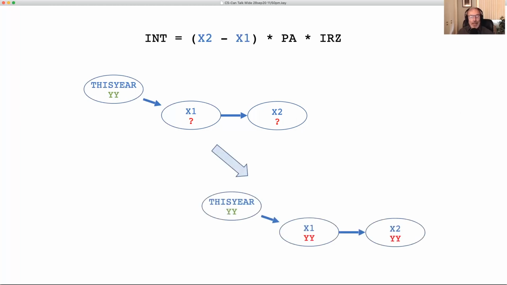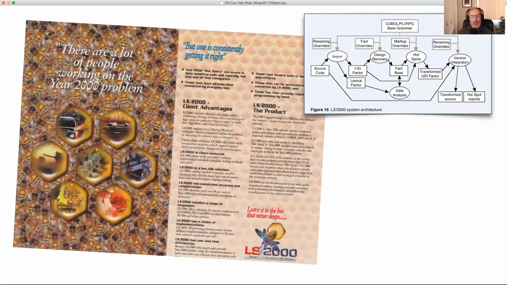In other words, I can infer that X1 is also a date and that its representation is probably YY, depending on what that relationship arrow is. And X2 then also has that characteristic. So yes, we can do that using the this means that source transformation TXL style as well. And that's what we did.